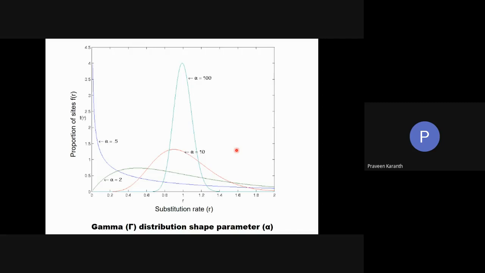High alpha value is for markers where every site is evolving at the same rate. Whereas genes, by definition, are under selection, and certain sites are evolving more rapidly than others. So there is among site rate variation. So that's when you use alpha of less than 1. Of course, the program will figure out what the alpha value is for your data set. You don't have to do it yourself. Does that make sense?